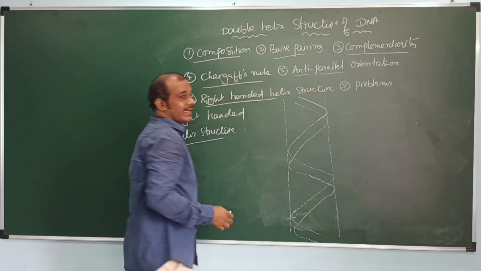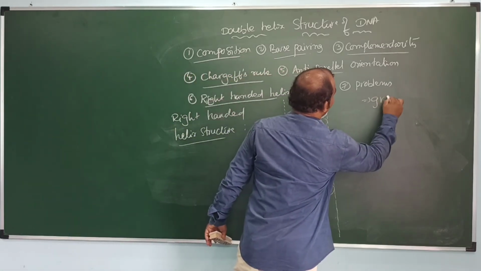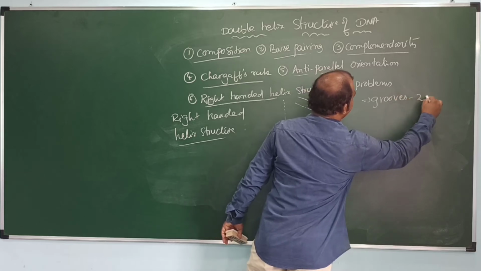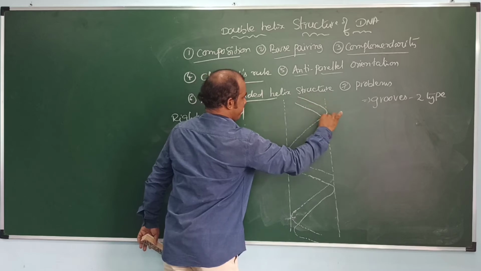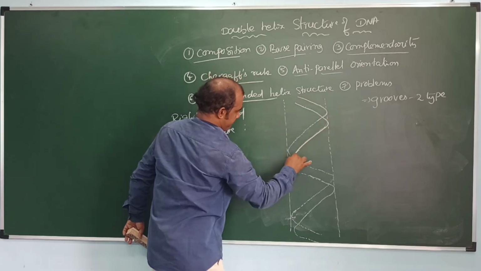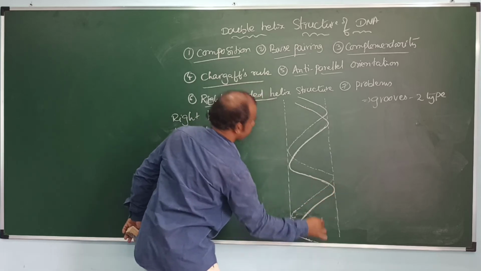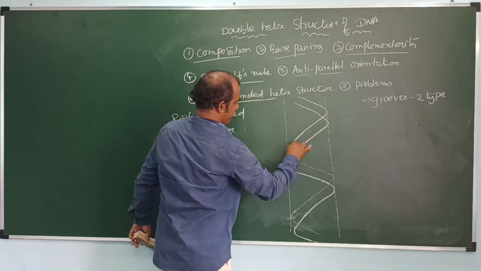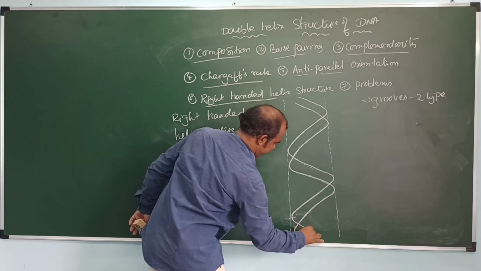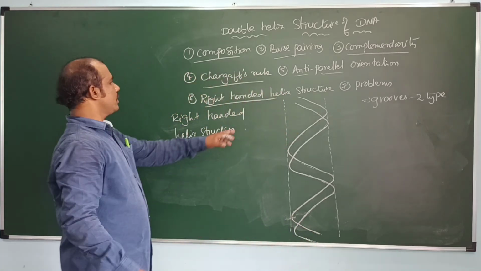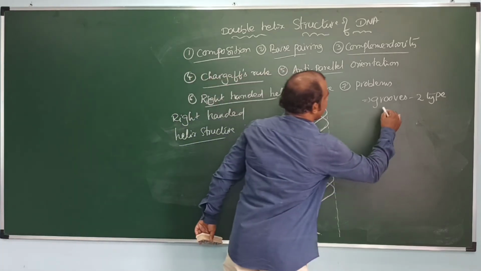As a result of right-handed helix structure, two types of grooves are formed. Due to the formation of right-handed helix structure, there are two types of grooves.